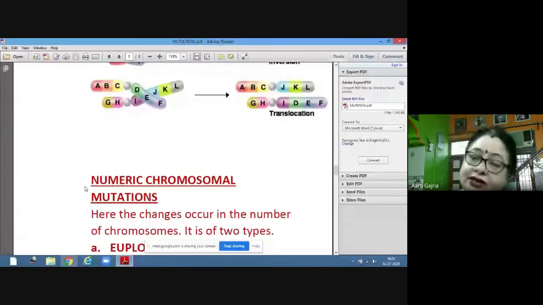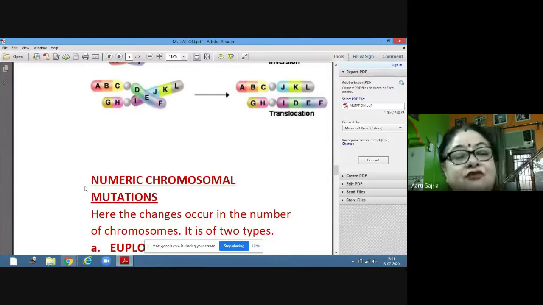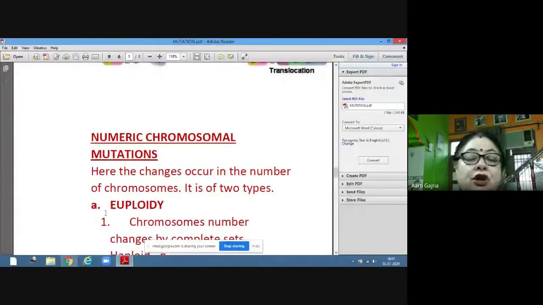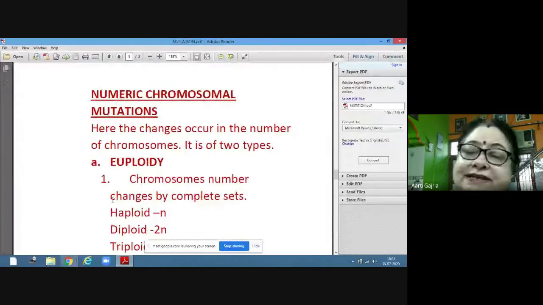Now, if there is any change in the number of chromosomes, then it results in mutation. This is of two types. First is euploidy. In euploidy, the chromosome number changes by a complete set. That means the whole set of chromosomes would change.